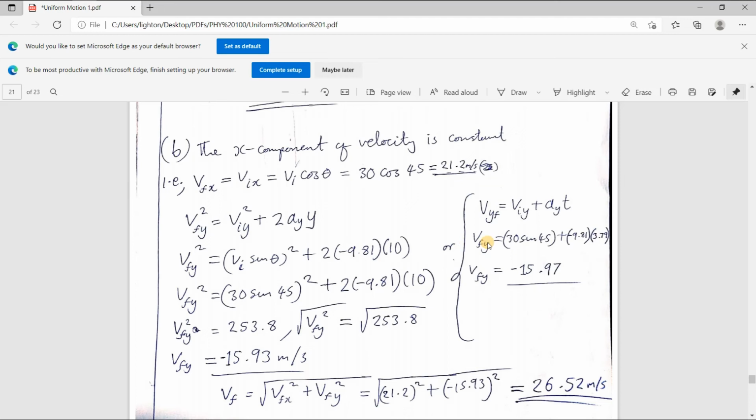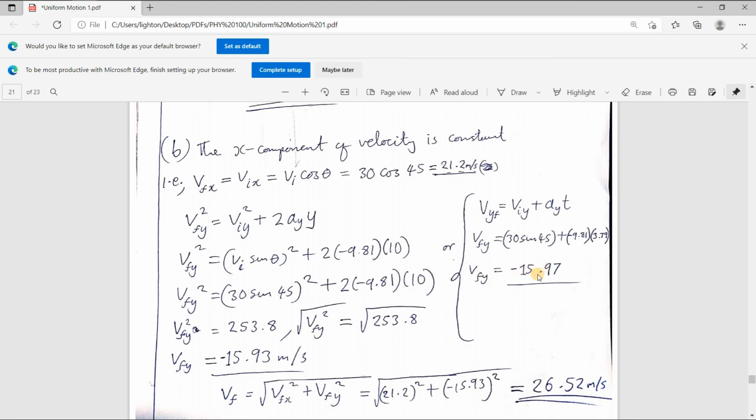So vfy must be equal to 30 sine 45, which is viy, plus ay, which is just 9.8 times time, which is 3.79. So this is vfy, which is just minus 15.97.